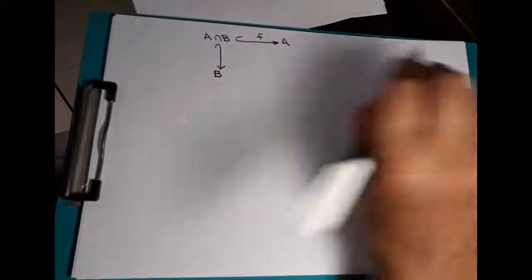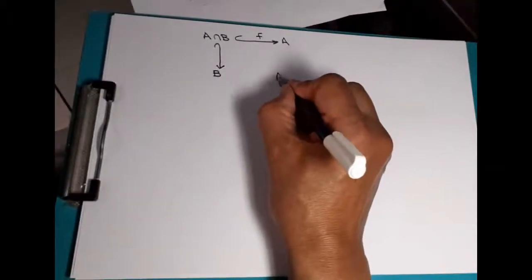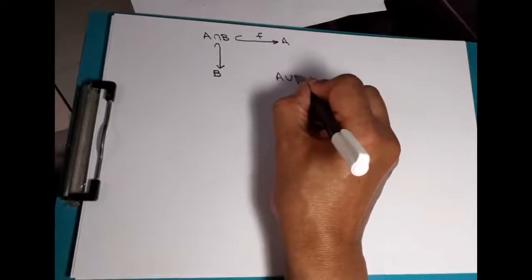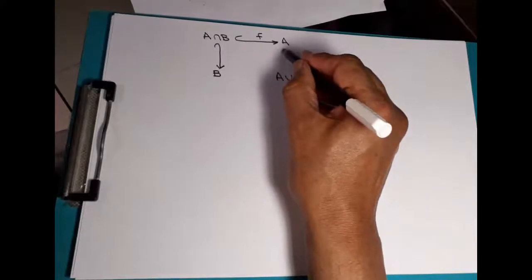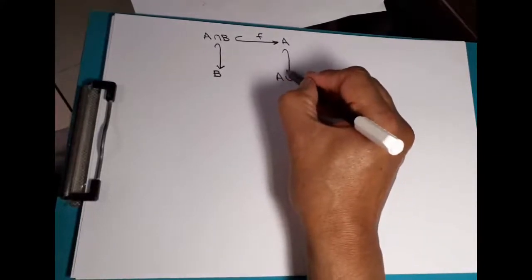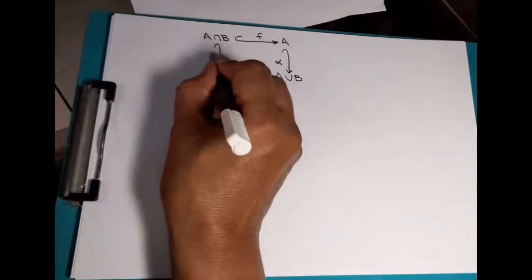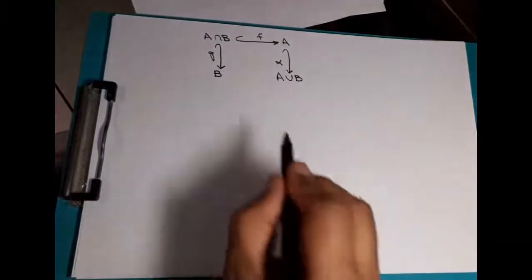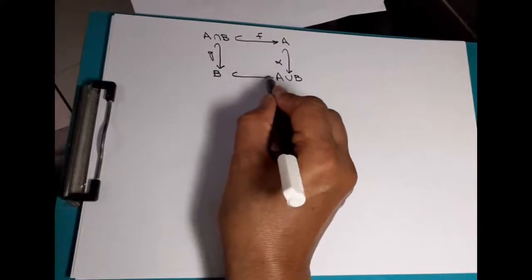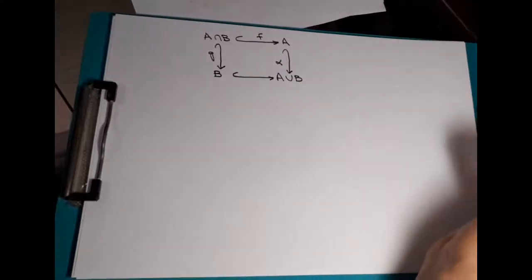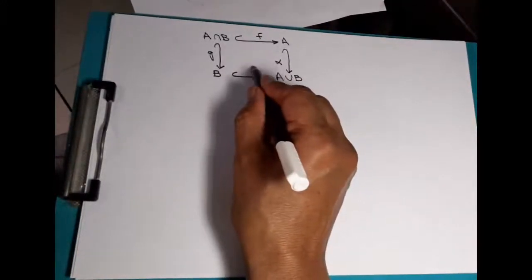And we know that A is a subset of A union B. So we have a map from A to A union B. This is again an inclusion map. Let's call it alpha. This is G. And similarly we have an inclusion map from B to A union B because B is also a subset of A union B. Let's call this map beta.